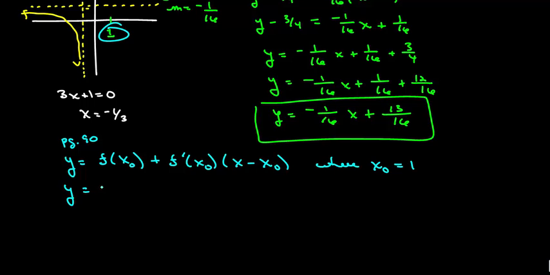So y is equal to f at 1 plus f prime at 1 times x minus 1.